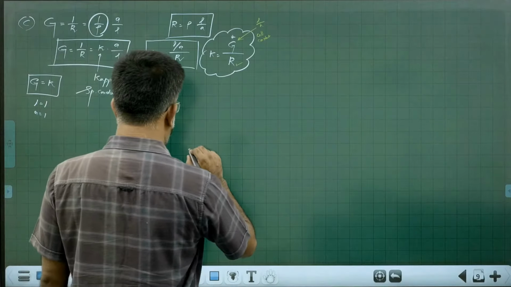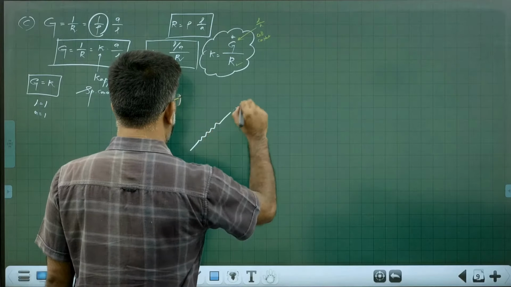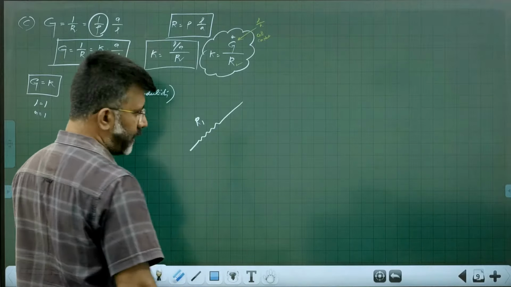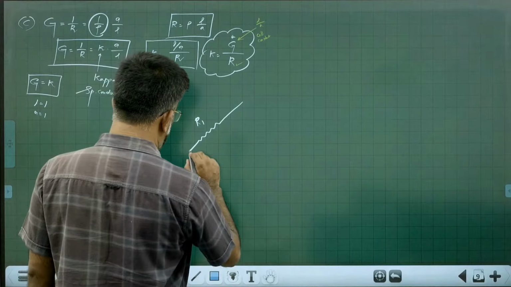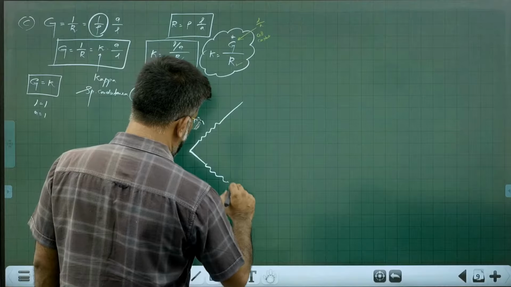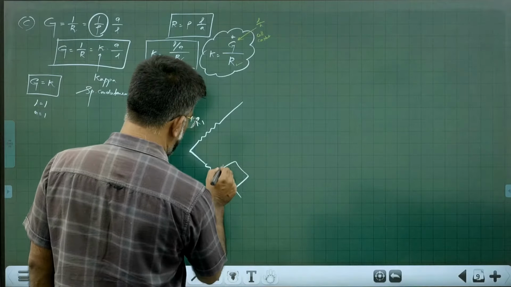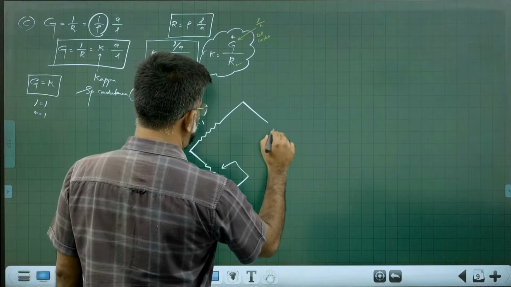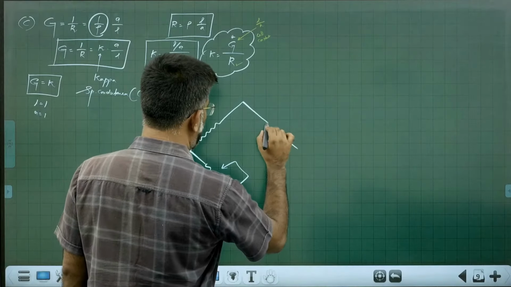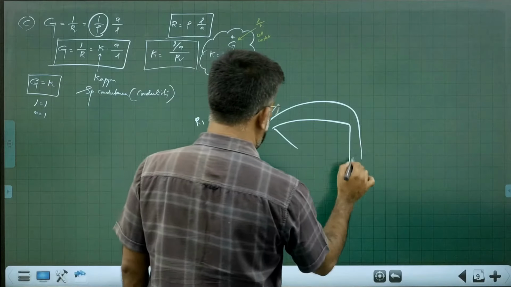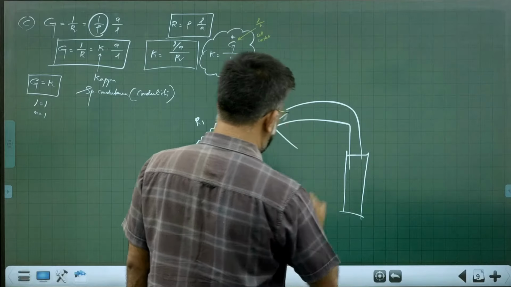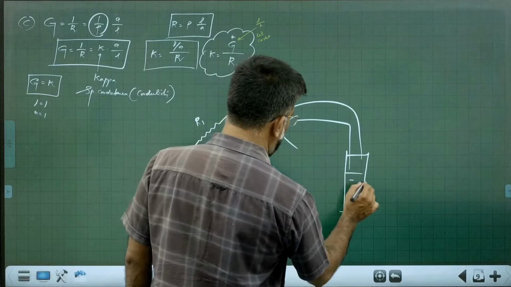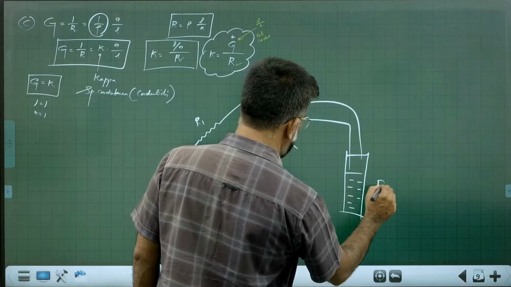What is the Wheatstone bridge experiment? We have a known resistor R1, and we have a variable resistor here, and we have the resistance which we need to find out. That is the conductivity cell we apply here. This is a conductivity cell where we have taken a solution whose resistance we want to find out.